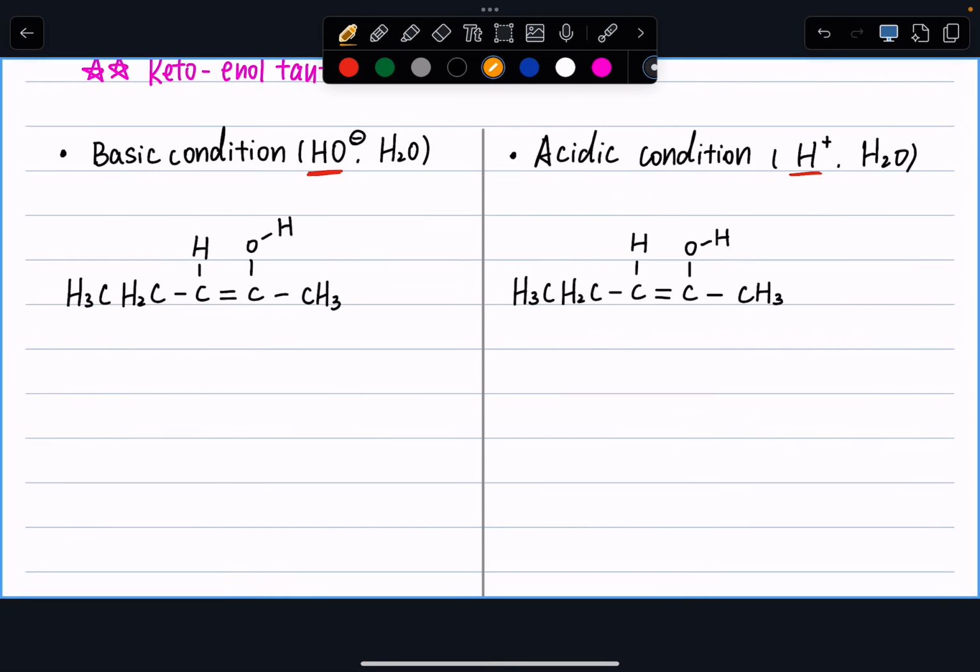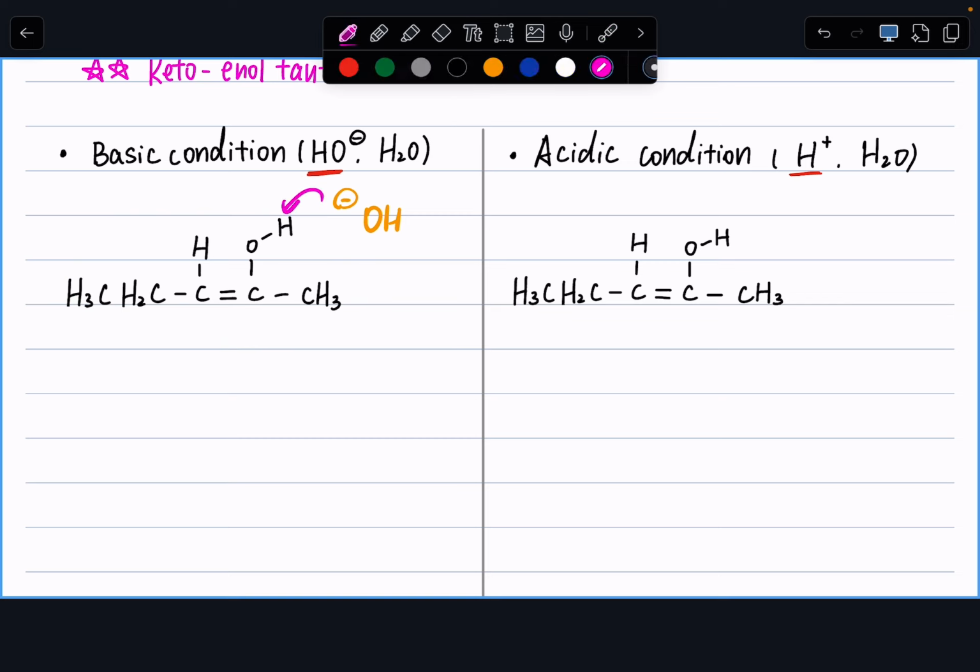So when we say it's basic condition, well, we have OH minus around. And we observe this entire molecule and think about what is the most acidic hydrogen in this entire molecule. The most acidic hydrogen is the OH hydrogen, right? Because we're forming an anion on the oxygen, and not only that, the anion is being stabilized through resonance.